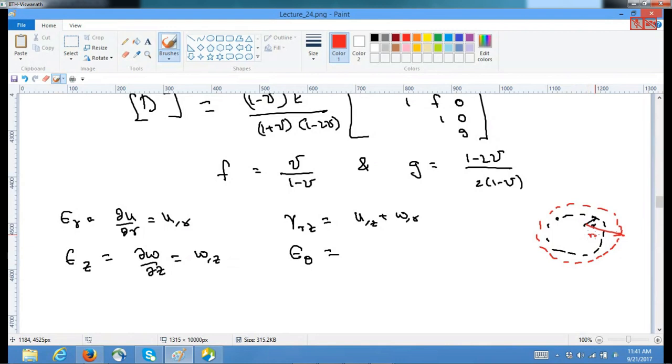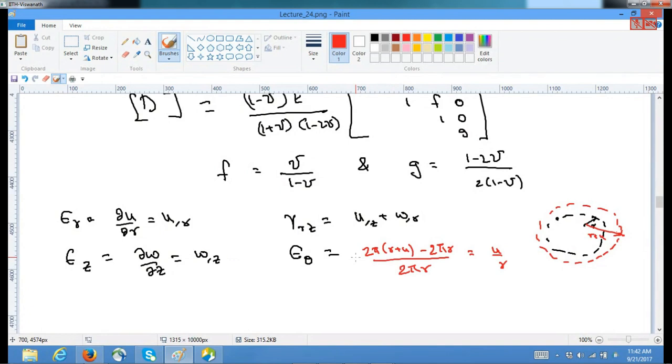So the epsilon theta in the theta direction would be 2 pi (r plus u) minus its initial circumference, 2 pi r, divided by 2 pi r, which gives u by r. So epsilon theta is u by r, which is understandable because with the increase in the radius, you experience a hoop strain epsilon theta equal to u by r.